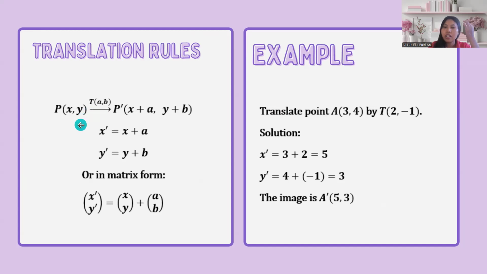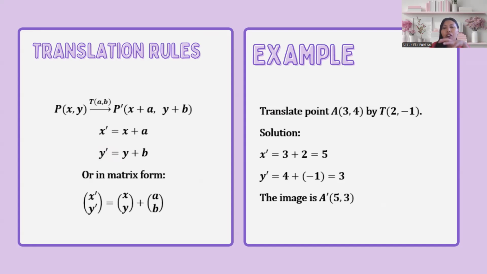Point P(x, y) is translated by T(a, b) to P'(x + a, y + b). So we can also use this formula: x' equals x plus a, and y' equals y plus b.